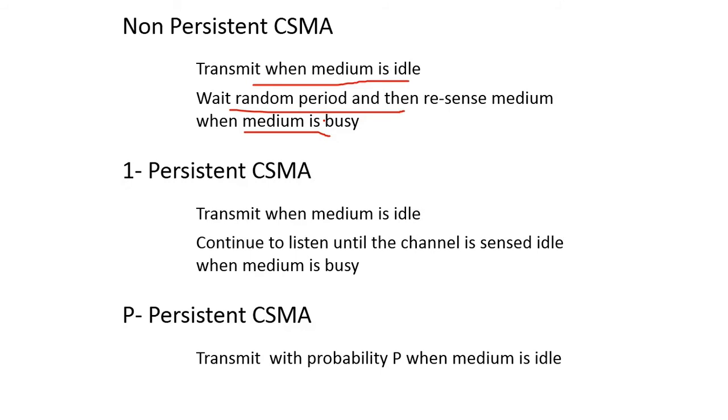Whenever that particular channel or medium is free, then non-persistent CSMA can transmit. One-persistent and p-persistent: in one-persistent, they can transmit when the medium is idle. That is the key difference between non-persistent and persistent.